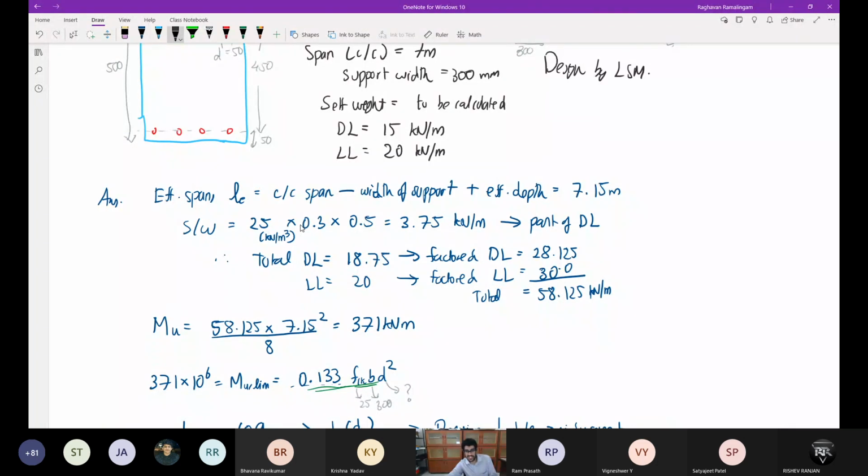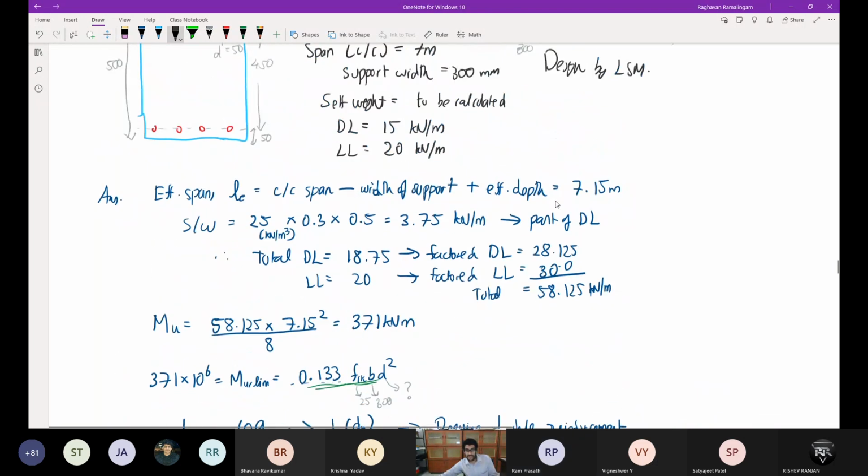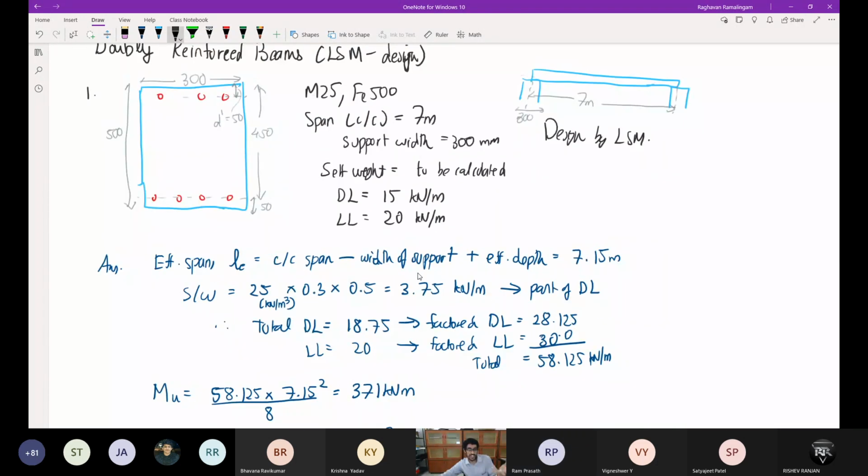If it's not such a big difference, just make a note and leave it. No need to rework the whole thing again. The problem will come if, for example, I should have taken 7 and the effective span was coming 7.5 or more. Then I should probably recheck MU and my design.